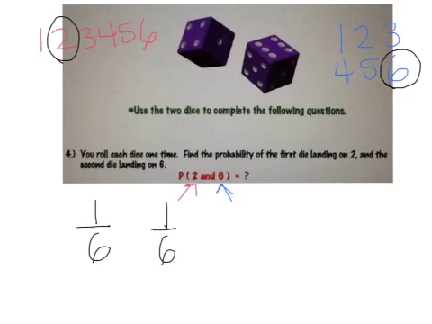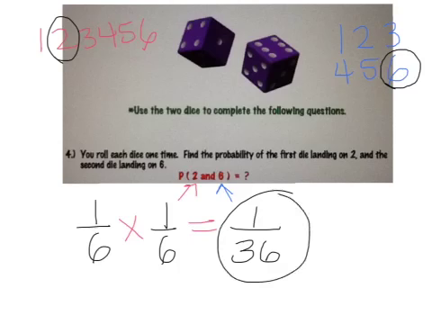If I want both of these things to happen together, I need to multiply those two fractions. Multiply, you go straight across. 1 times 1. Then I'm going to go straight across. 6 times 6. My final answer for what is my chance of getting a 2 on the first die and 6 on the second die is 1 out of 36.